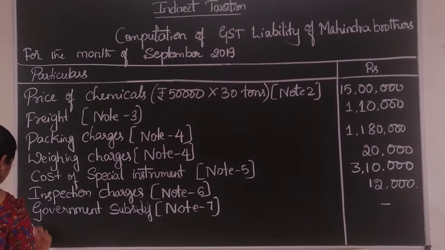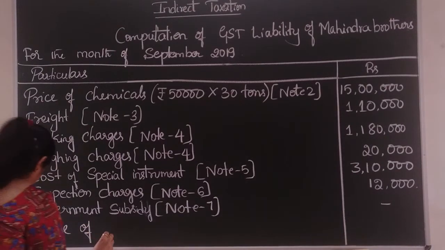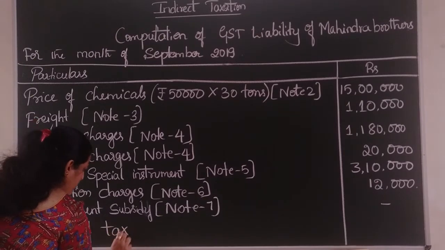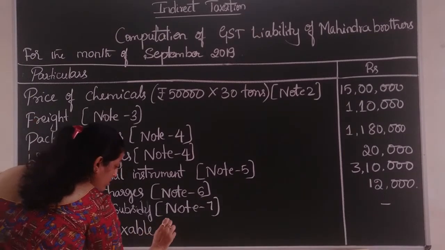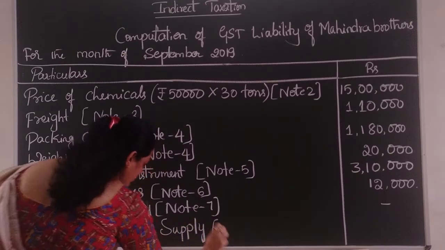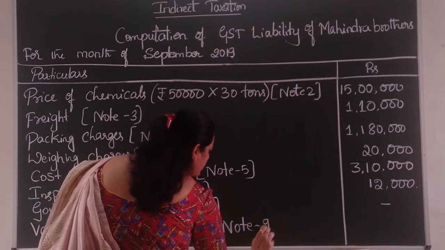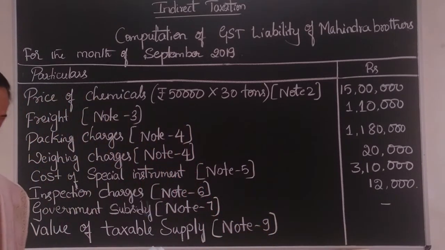So value of taxable supply, note 9. We should add all the amounts, that is price of the chemicals, freight, packing, weighing, then cost of special instrument, inspection charges.